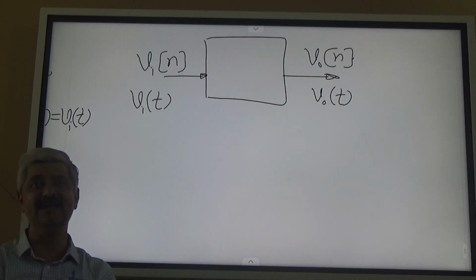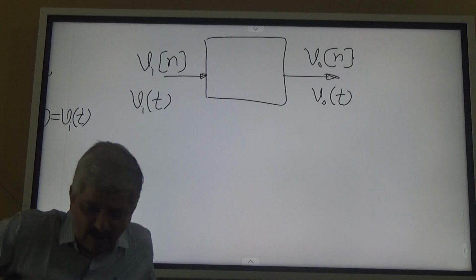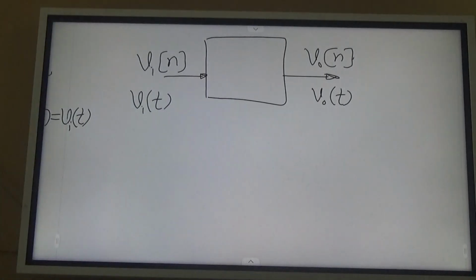When I double the sampling rate, at what interval do I take a sample? Half a second. I may double further, and then a quarter second, then 1/8 second.